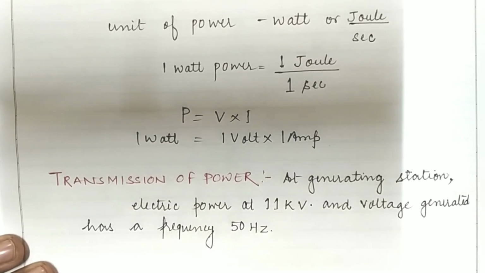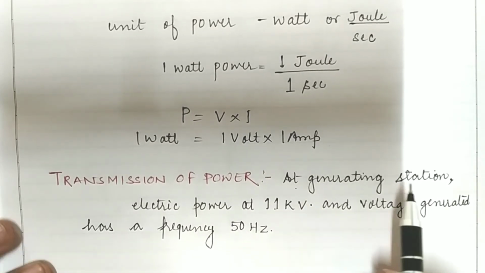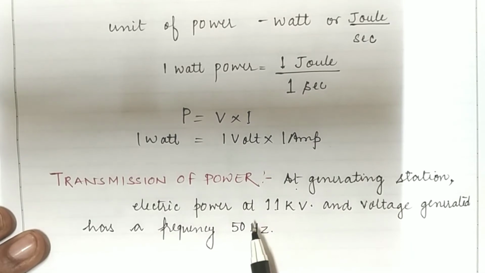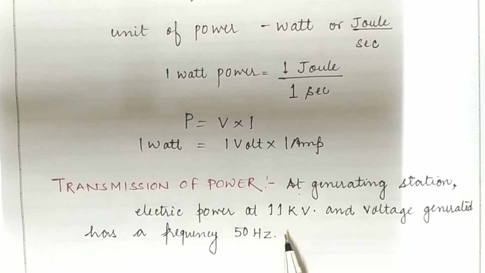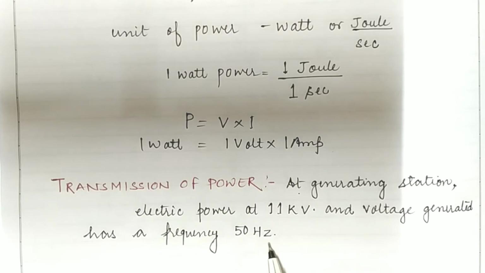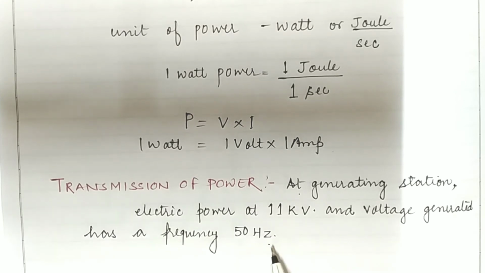Children, at the generating station the electric power is at 11 kilovolt. What does it mean? It means that the voltage generated at the power station has a frequency of 50 hertz. Its polarity at the terminal changes 100 times.